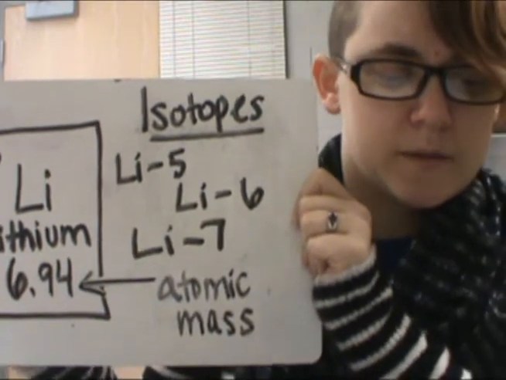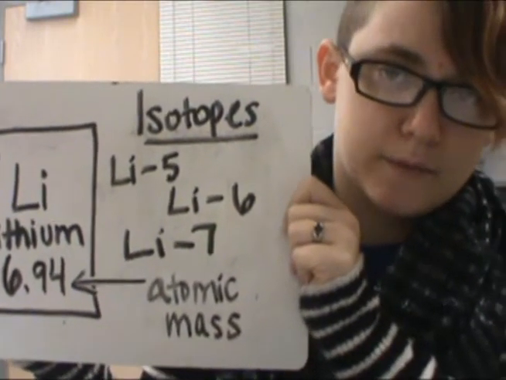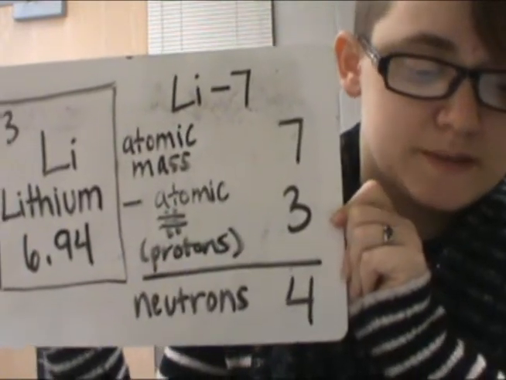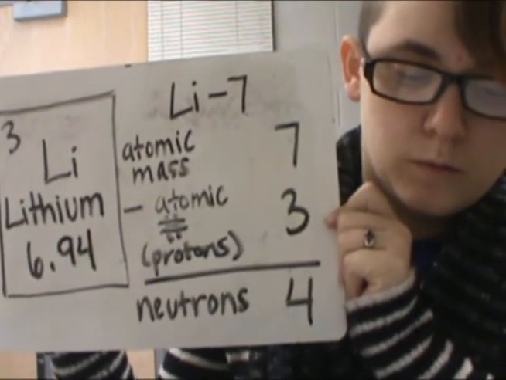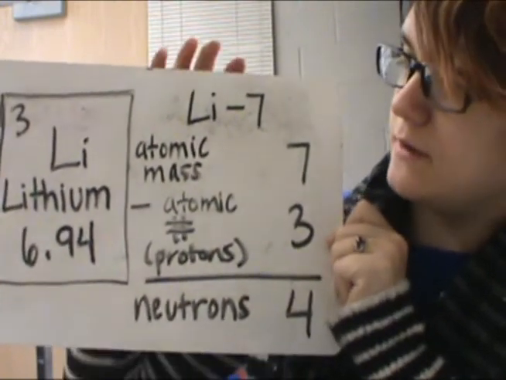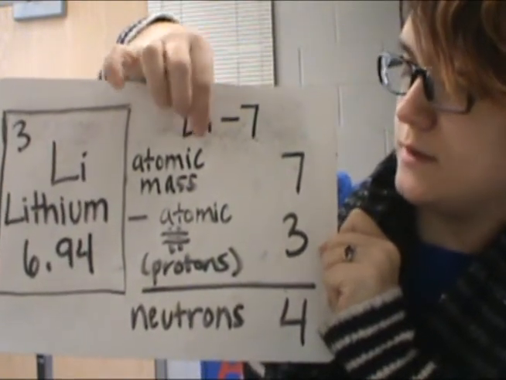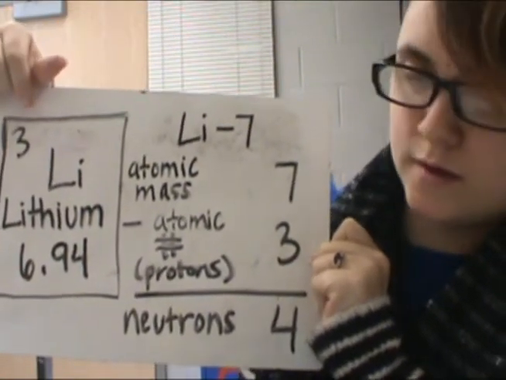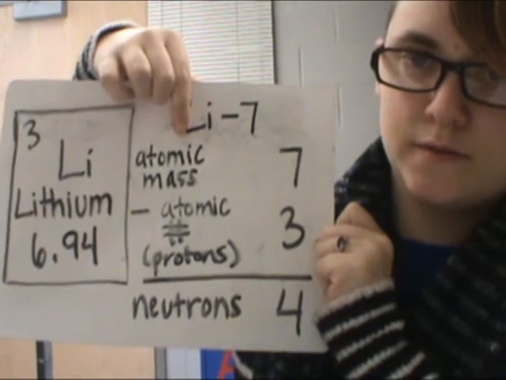You can use this to determine how many neutrons there are in one atom of lithium, and we'll use the example of lithium-7. We know that lithium-7 has an atomic mass of 7, so we start with atomic mass. We know that it has an atomic number of 3, so that's how many protons we have.